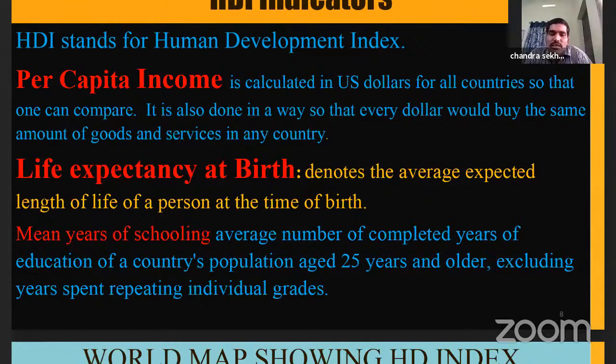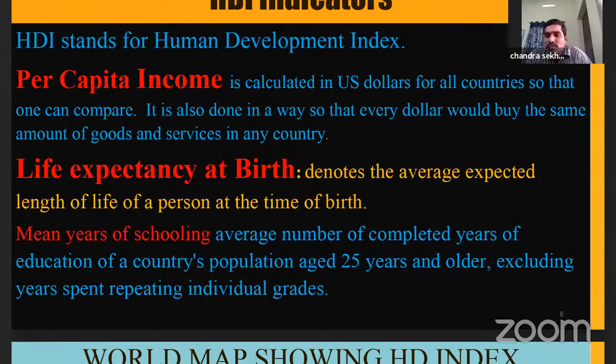In literacy rate, if a person can read and write, even if he is a dropout, we consider him literate. But in mean years of schooling, he has to complete more years of education.